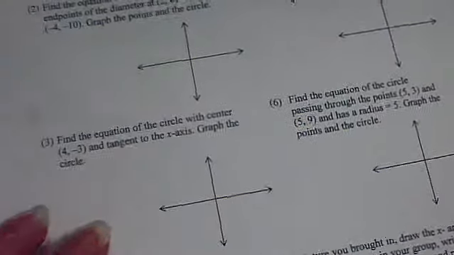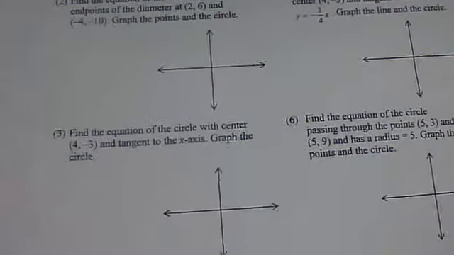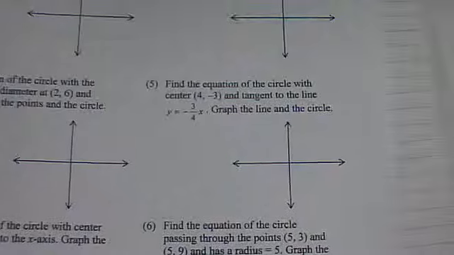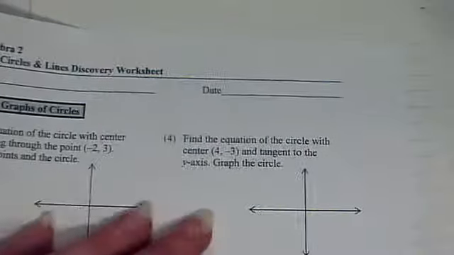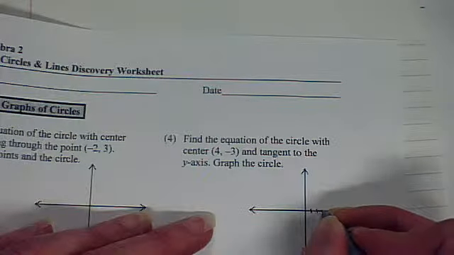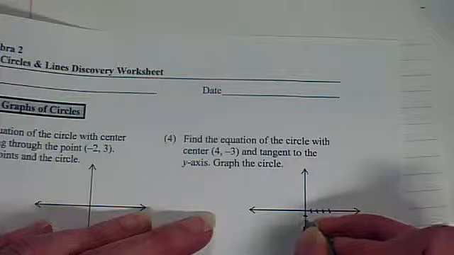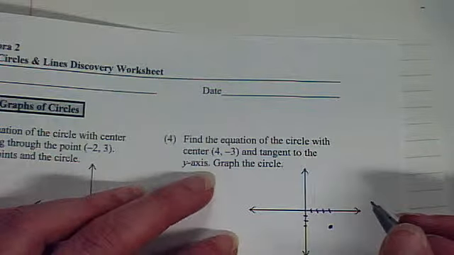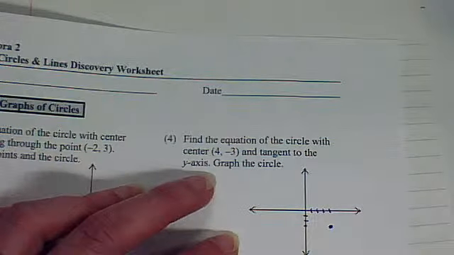Now let's talk about how this could be useful by looking at a couple of examples here. I'm not going to do them all. Find the equation of the circle with center (4, -3) that is tangent to the y-axis.